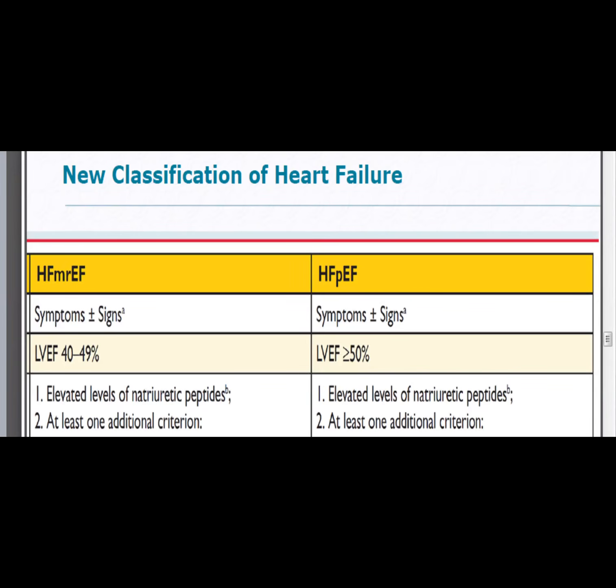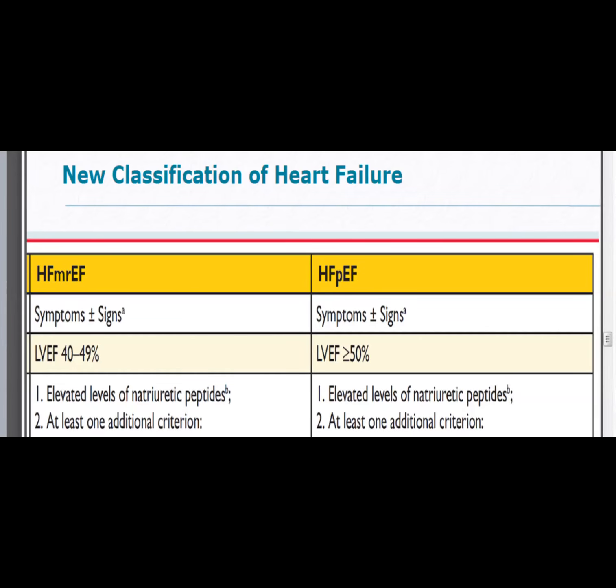So we have to be precise and more objective in assessing the LV systolic function than the crude way of eyeballing. Now in HFpEF, HFrEF and HFmrEF, the very first requirement of the classification is that you must have symptoms and/or signs of heart failure.